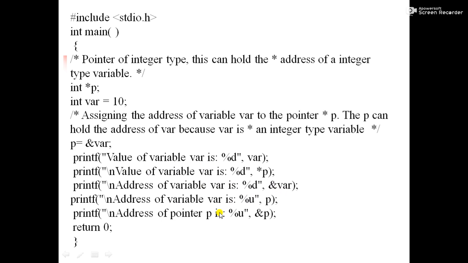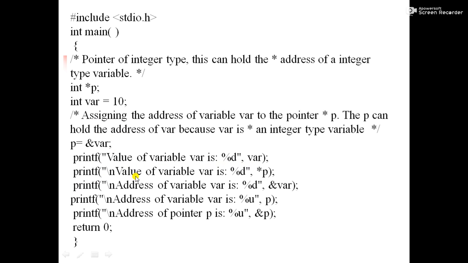Then by using the pointer variable, we will print the address. Here in this case, see the first statement, p = &var, then printf value of variable var is equal to %d, var.